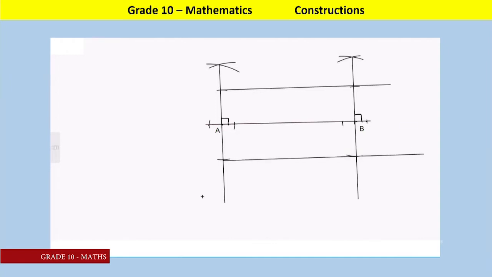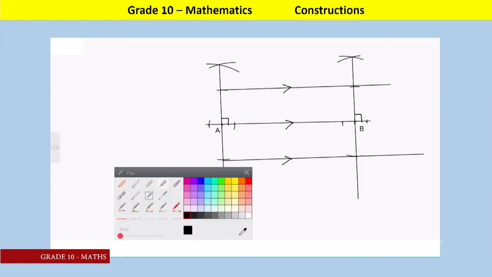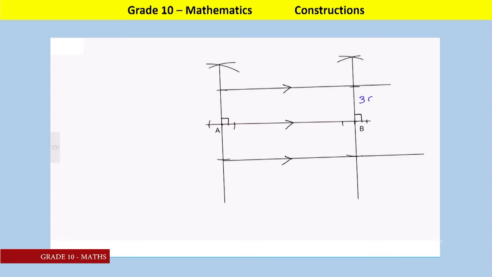Here we have found 2 lines. You can measure the distance A to the line, that is 3 centimeters. If you take a correct measurement, that is 3 centimeters. So, mark 3 centimeters, 2 parallel lines 3 centimeters away from AB.